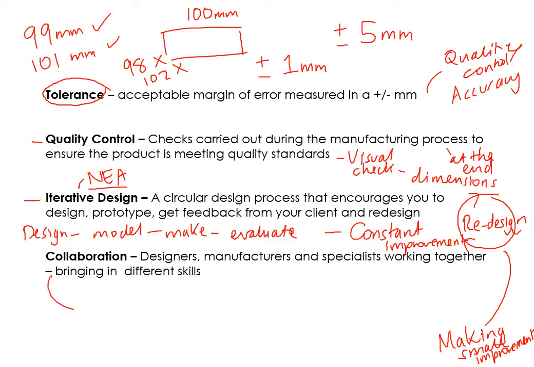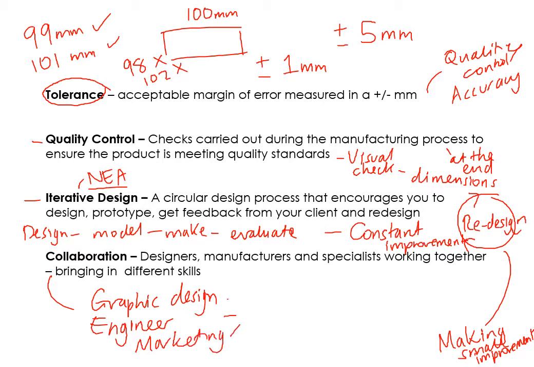Collaboration. There has been a question before in some of our previous mock exams about designers and manufacturers working collaboratively. It means they work together. So things like graphic design would bring different skills to a mechanical engineer, who would bring in different skills to marketing.